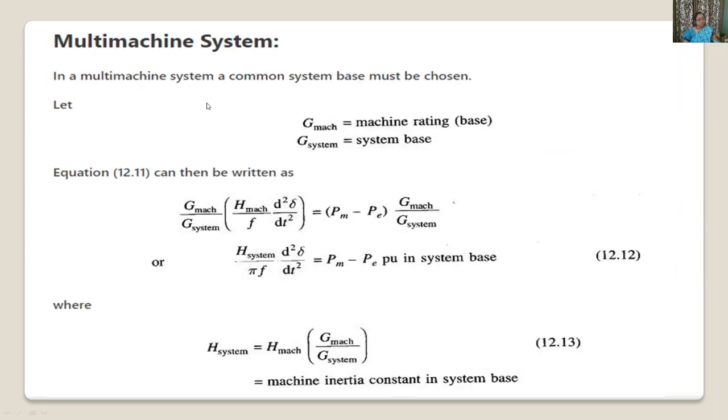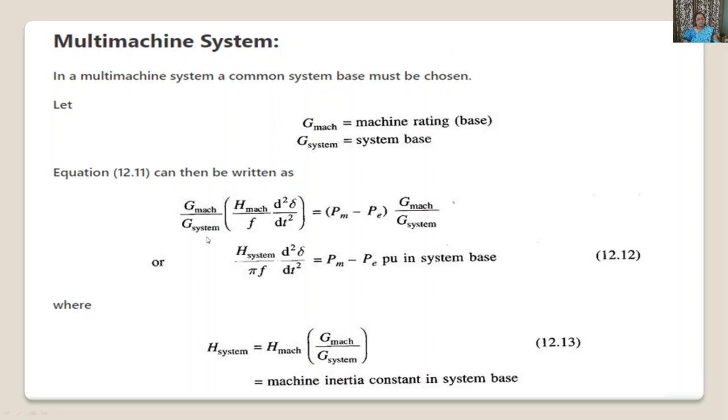Now this is for a single machine system. For a multi machine system, a common system base must be chosen: G machine is the machine base, G system is the system base. This can be written as G machine upon G system, H machine, then G machine upon G system.